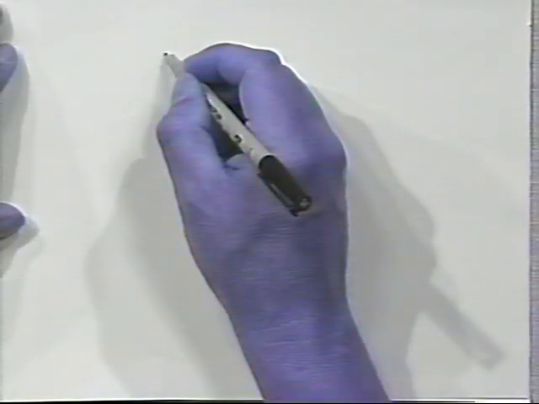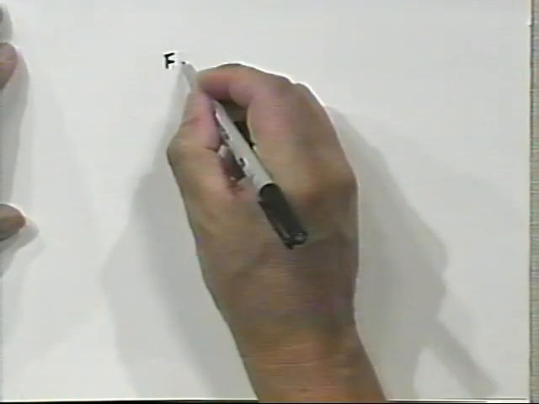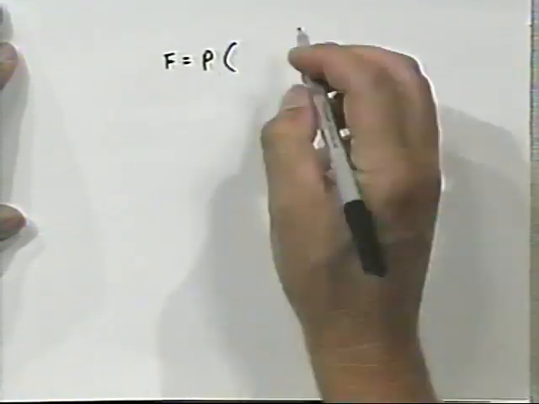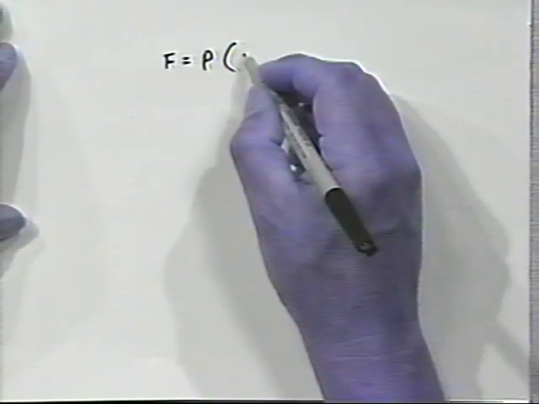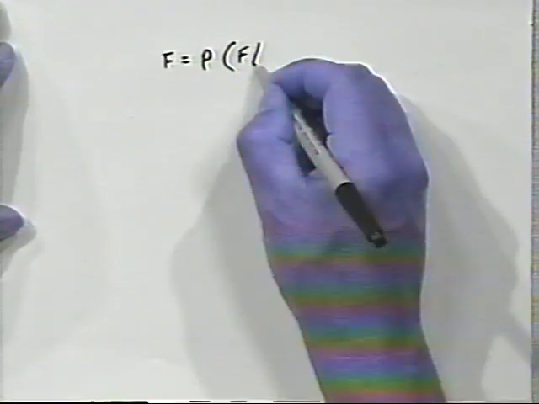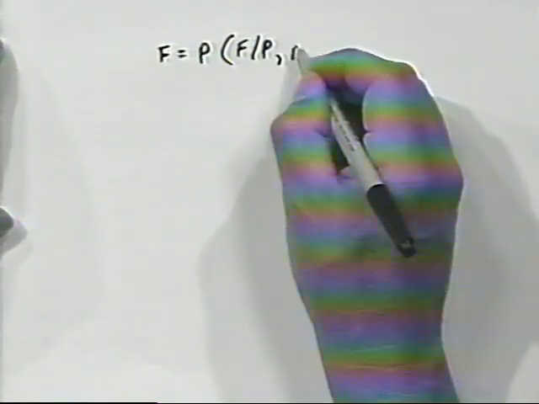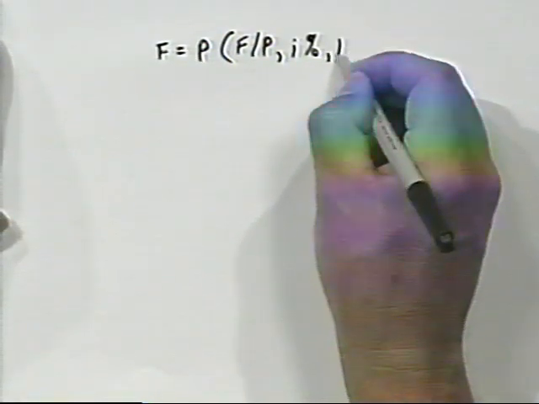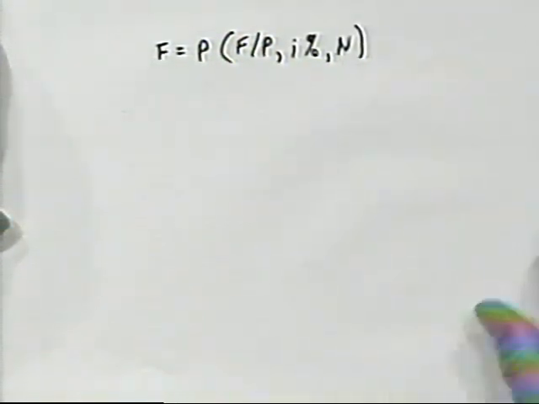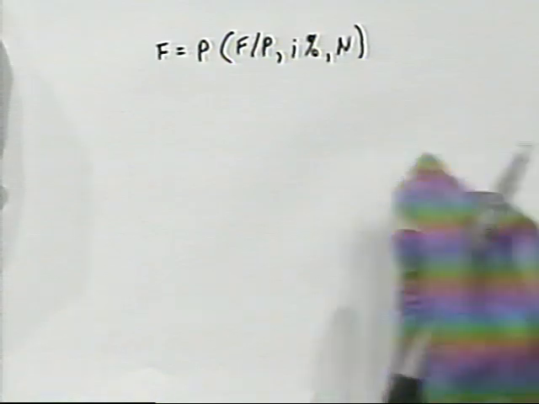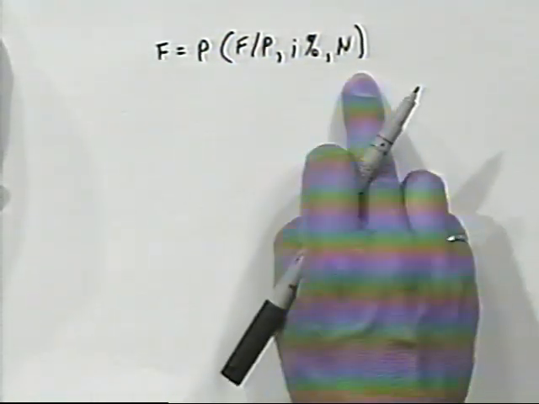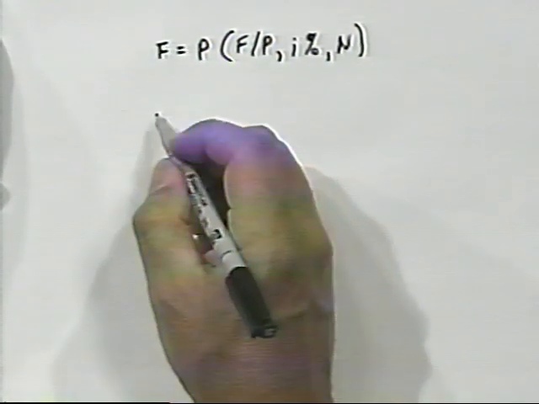Now, we'll use a variation on that compound amount factor. We'll say that future worth is equal to the present worth times the symbolic form of the factor, (F/P, i%, n), and solve for that compound amount factor itself.